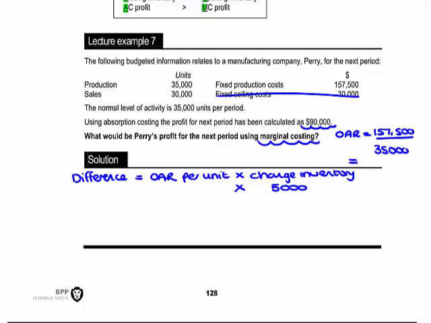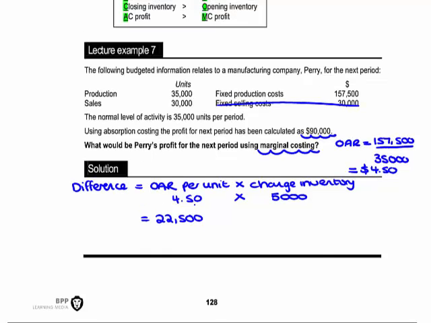So 157,500 divided by 35,000 gives us an overhead absorption rate of $4.50. So step 1 then we've completed, which is to work out the difference in profits, is 22,500.